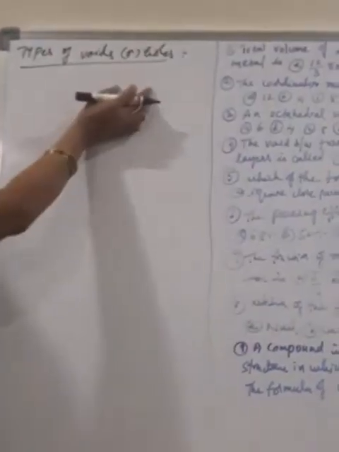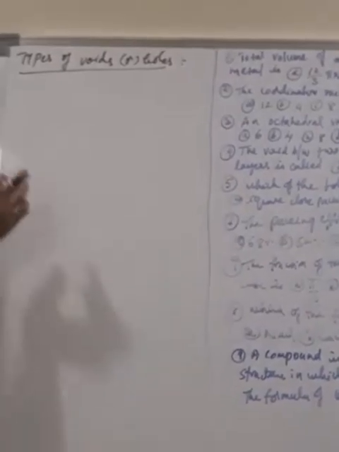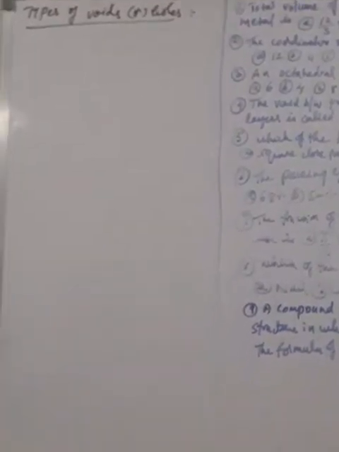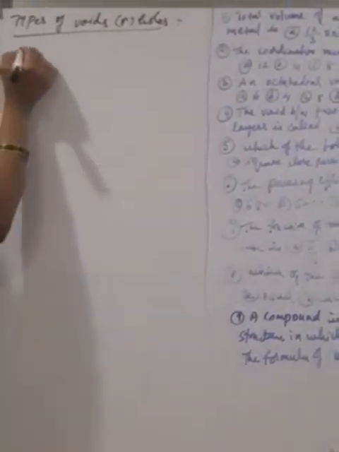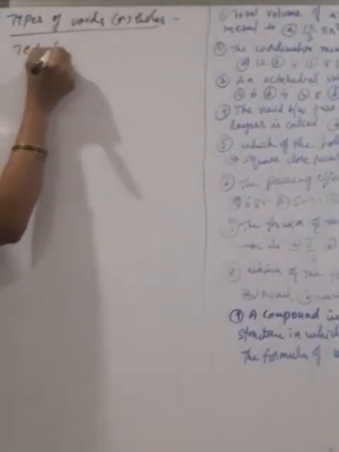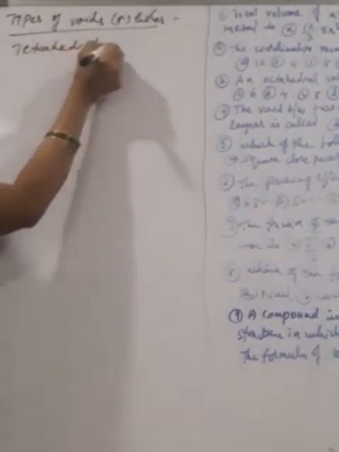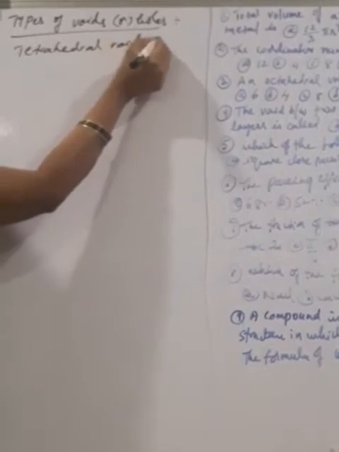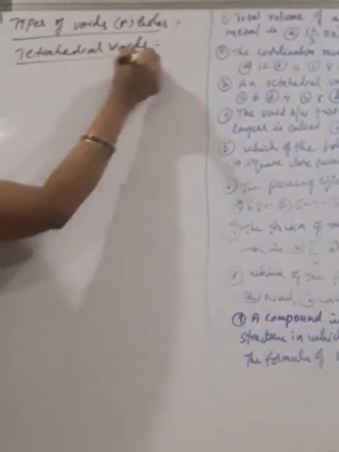Voids are of two types, tetrahedral voids and octahedral voids. First, coming to tetrahedral voids, or tetrahedral holes.